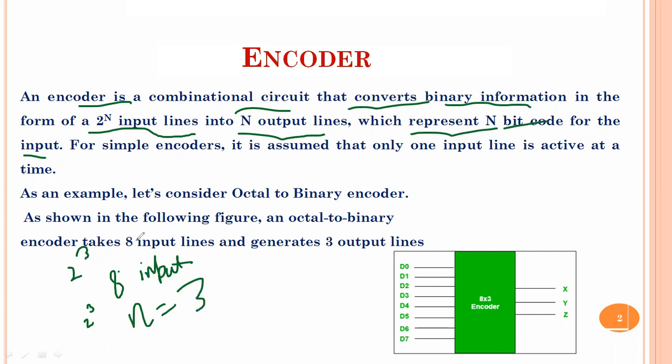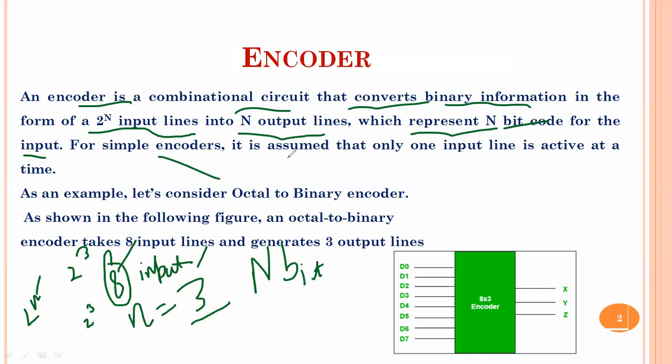So for every input given in these 8 inputs, we will give the code as a 3 bit code. So these input lines will be converted to n bit code. And what is the n? N is the number of inputs given when converted to 2 raised to power n form. That will be the number of output lines. From this n we will decide how many outputs will be there.